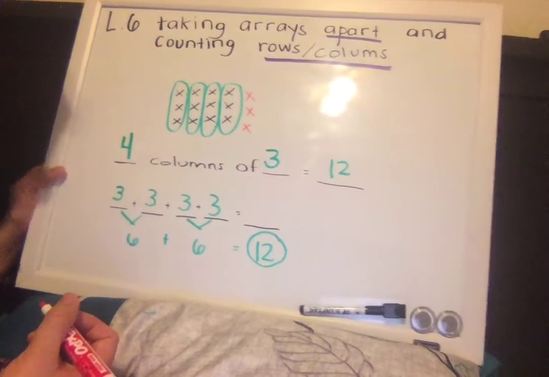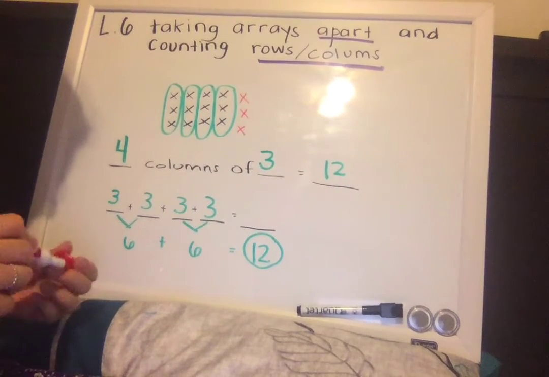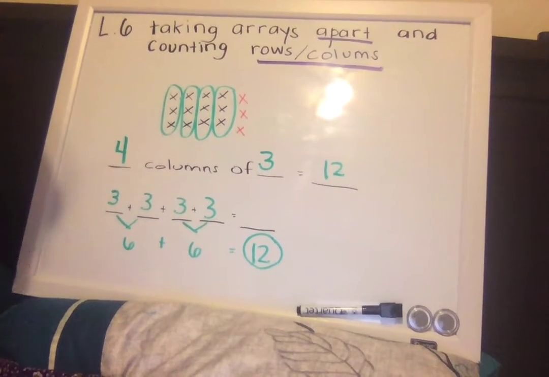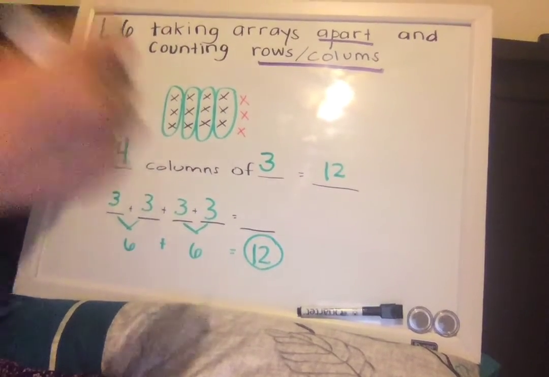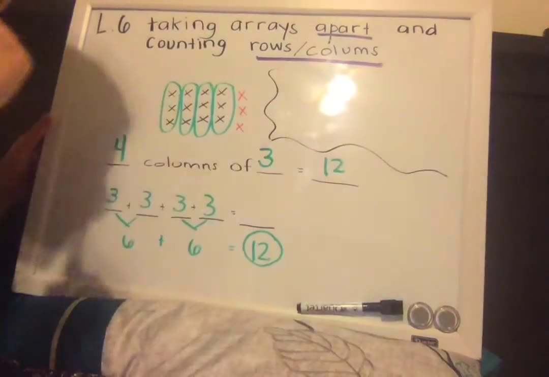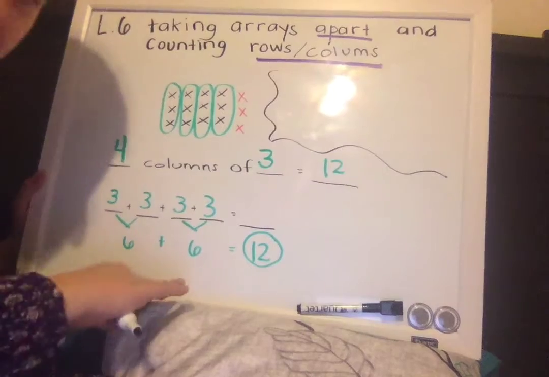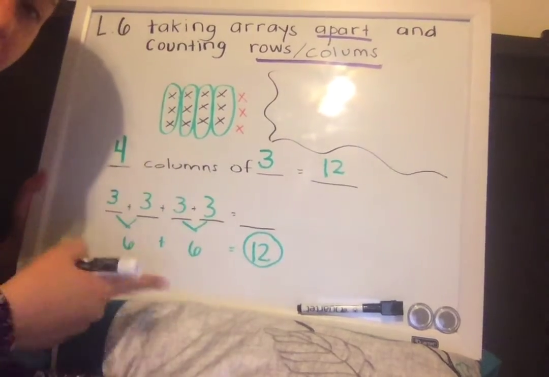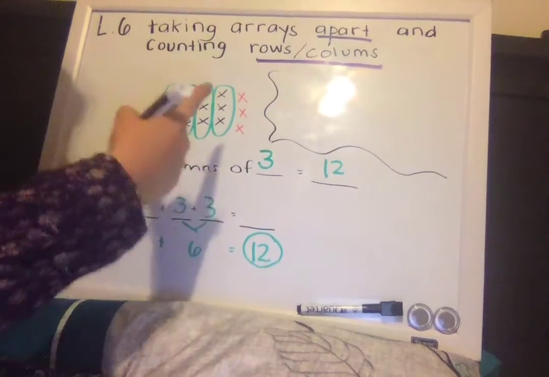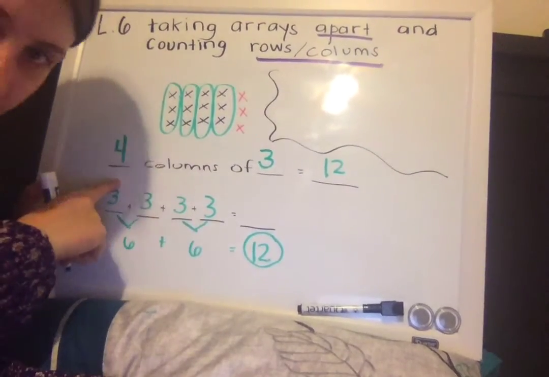Now I have, and I'm going to write it on the side, okay? Now my problem kind of changed. So I'm going to make like another section of my page. On yours, there will be a section at the bottom to write, but I don't have extra space on the bottom, so I created another space on the side. Now I don't have 4 columns.